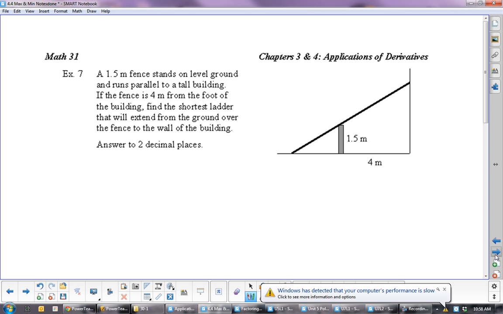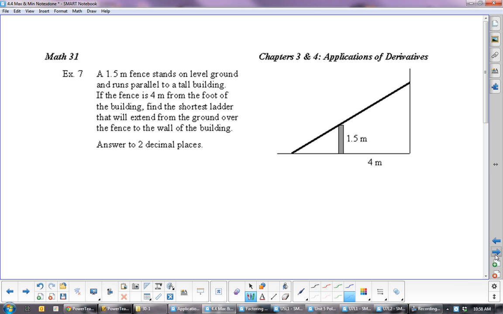Basically, if we do it in the notes, it's fair after, not fair before. But we got a 1.5 meter high fence that stands on level ground and runs parallel to a tall building. If the fence is 4 meters from the foot of the building, find the shortest ladder. So we're looking for a minimum, right?